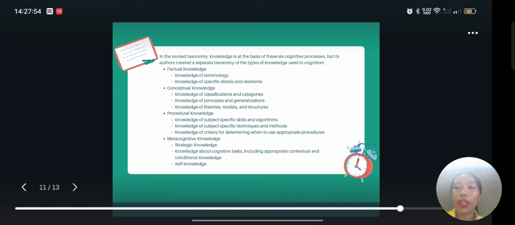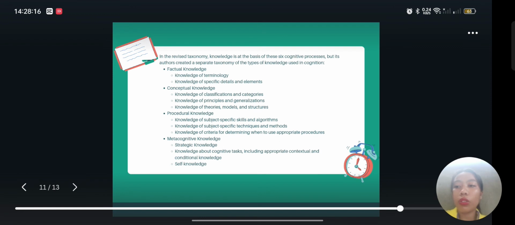And then we have procedural knowledge: knowledge of subject-specific skills and algorithms, knowledge of subject-specific techniques and methods, and knowledge of criteria for determining when to use appropriate procedures.